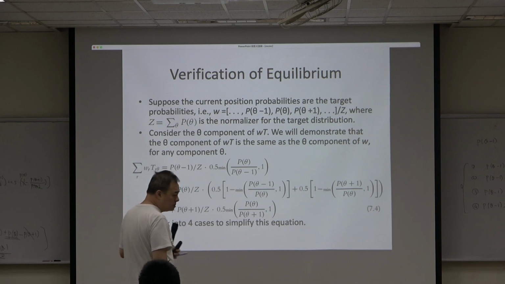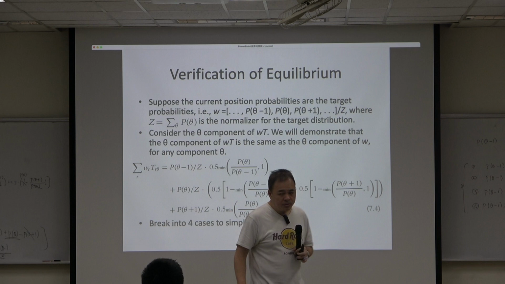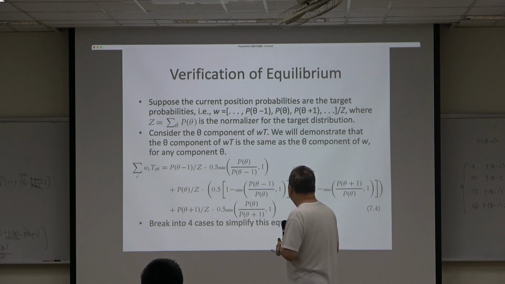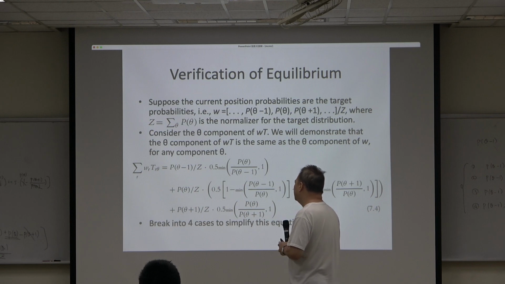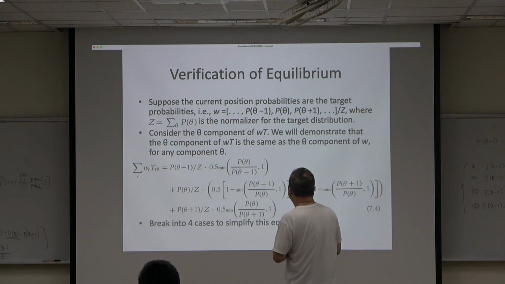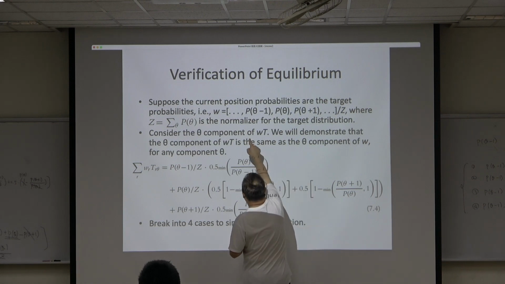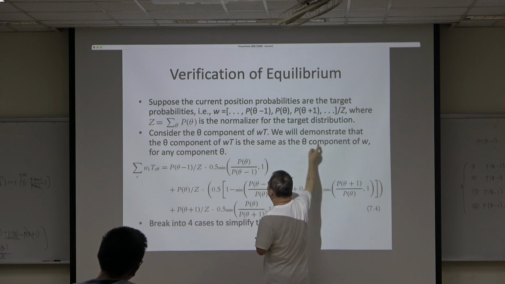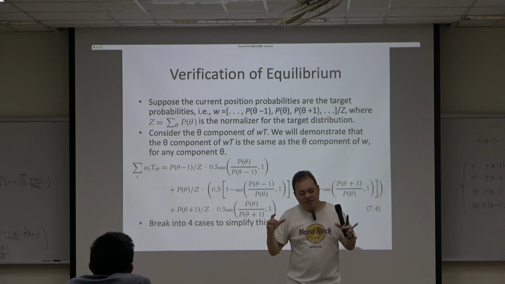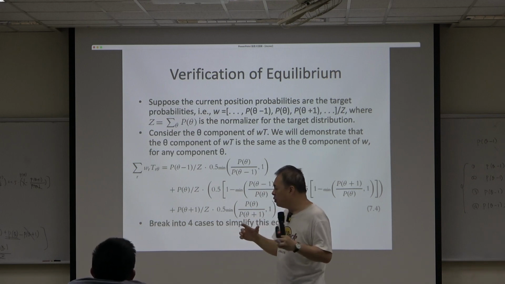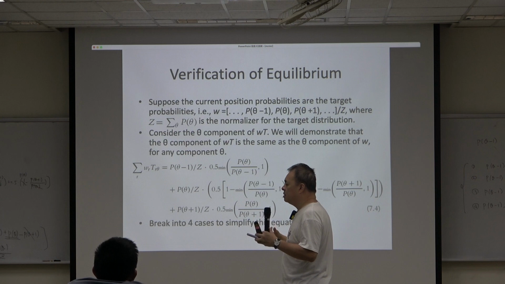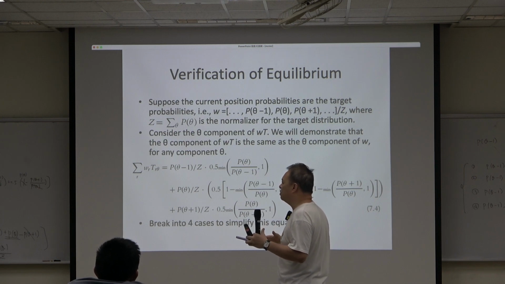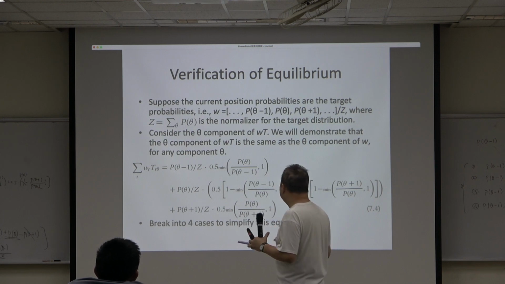What does that mean? Here, we put this w as the probability of the location where the partition will be at each island.